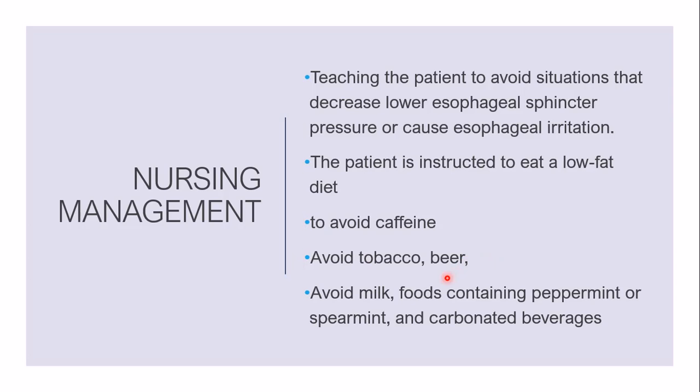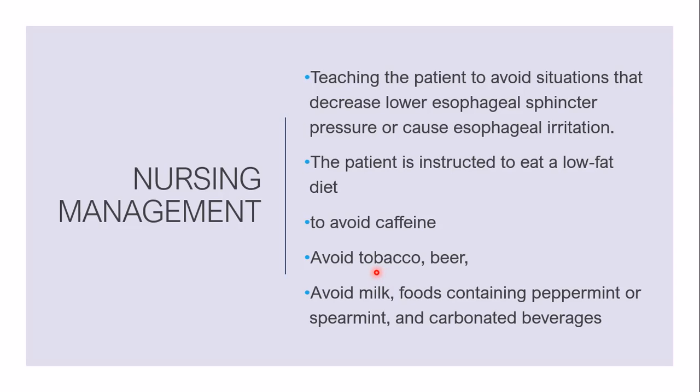There are people who will be having tobacco and all, and they do have problems in their oral cavity. The oral cavity will be eroded, and the esophagus will be eroded. The mucosal lining will get eroded because of that. So they have to avoid all these things.